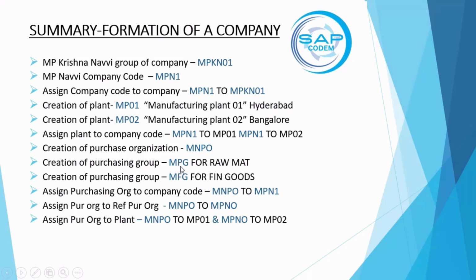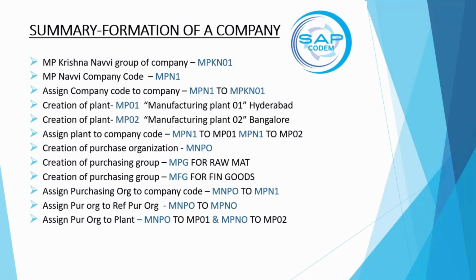Two groups we created: one for raw material, one for finished goods. Then we assigned the purchasing organization to the company code. This is our company code, and this is the purchasing organization. Then we assigned the purchasing organization to the reference purchasing organization, MNPO. Then we assigned the purchasing organization to plant. So purchasing organization MNPO is assigned to plant 1 and plant 2. This is the first part of configuration we completed in this presentation.